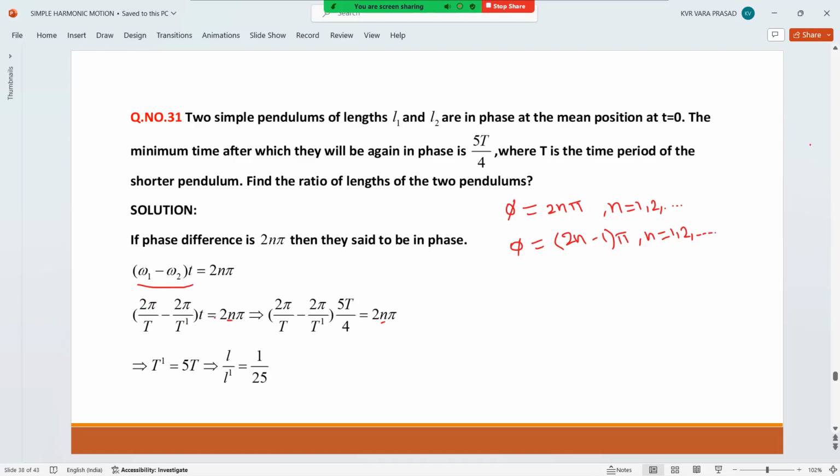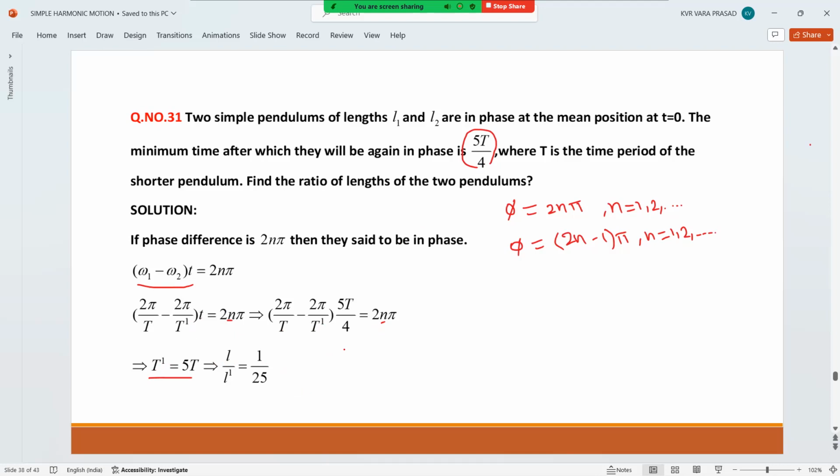The value of t given here is 5T by 4. Now substitute that here and simplify. We get T dash equal to 5T. So the time period is now 5 times that of the shorter one.